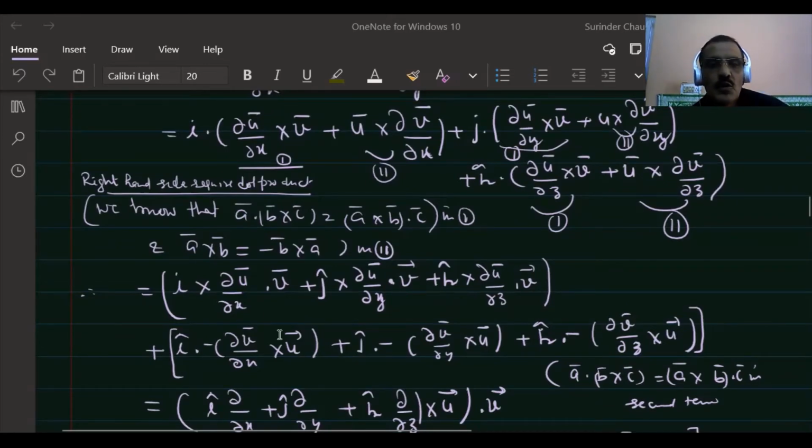So after arrangement, we made these terms like terms. First term, second is the partial derivative, and third is a vector.